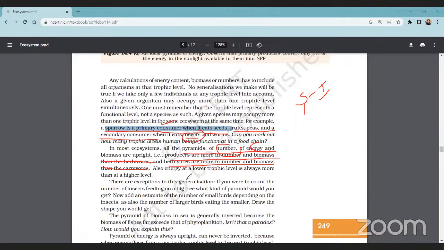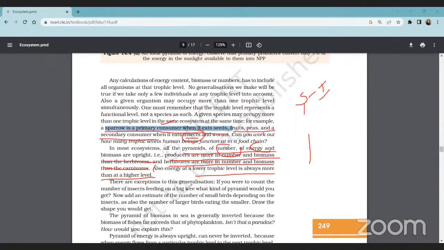The energy at a lower trophic level is always more than at a higher level, going from the lower trophic level towards the higher level.